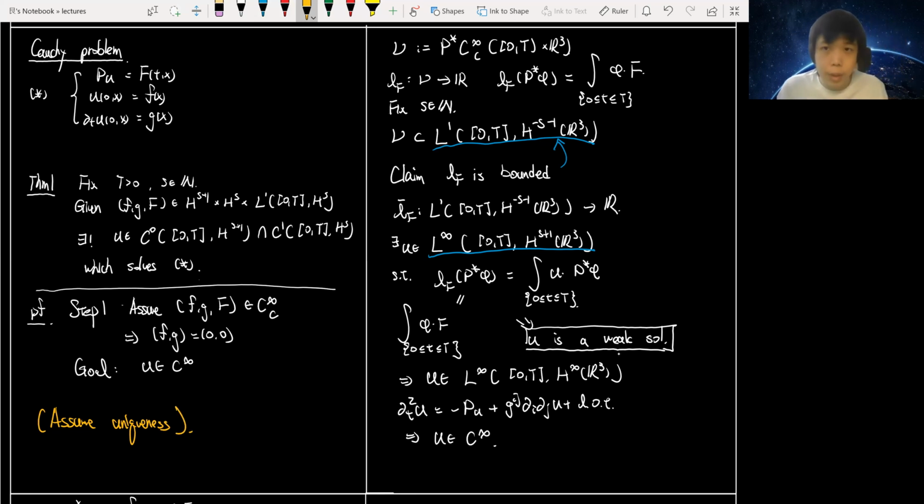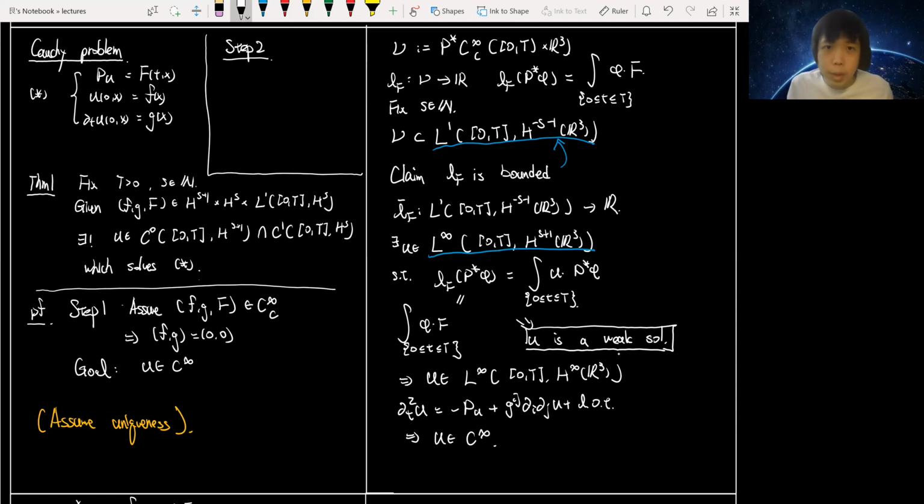So this is the first step. We assumed uniqueness, and we assumed that this LF is a bounded linear functional. Then we get a smooth solution, U. This is the first step.